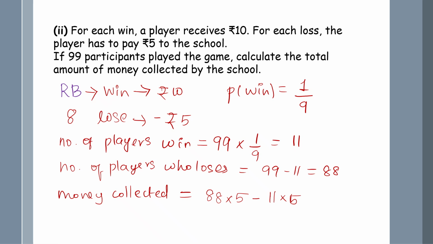The 88 players will pay rupees 5 to the school, and the 11 players will get rupees 10 from the school. When we multiply, we get 440 here and 110 here. So the amount of money collected by the school will be 330 rupees.